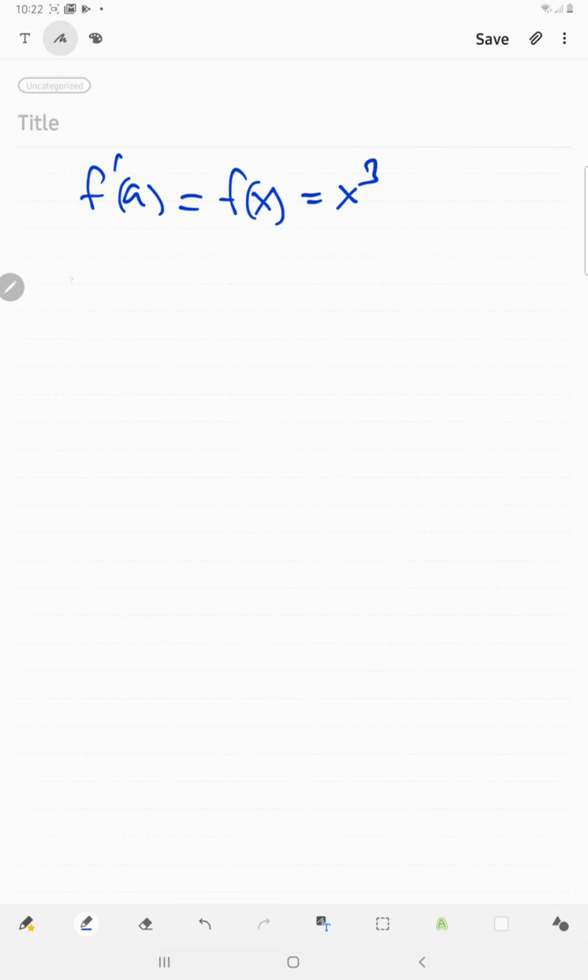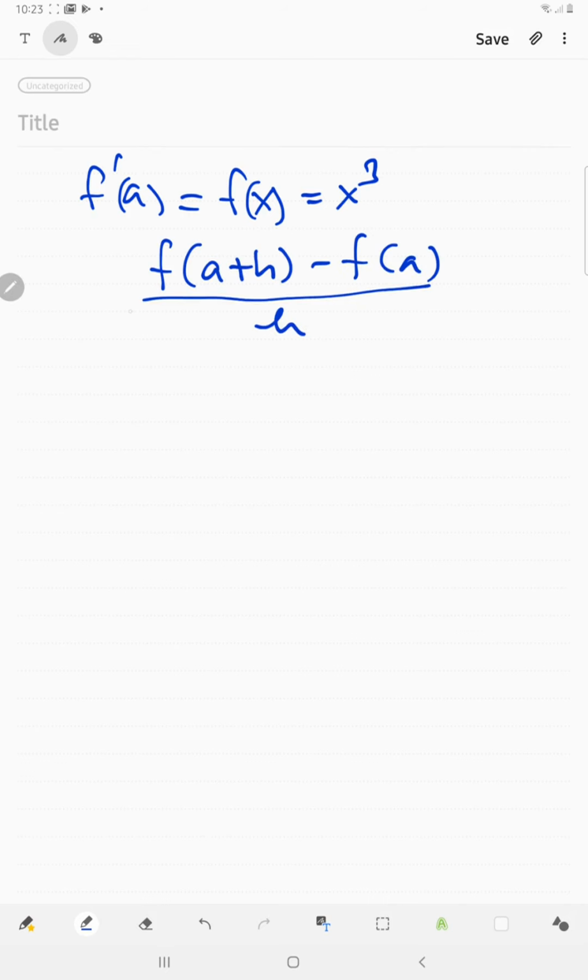In this case, I can use the formula which I gave earlier, over h. Using this formula, I can take f(a plus h) as equal to (a plus h) to the power 3.